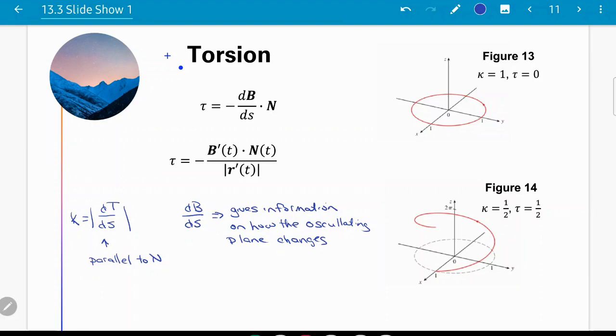So we know that dB/ds, because it is parallel to N, we can then define a scalar that we're going to define as our torsion.